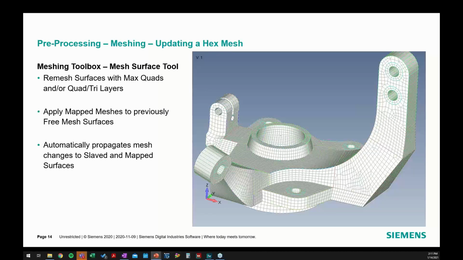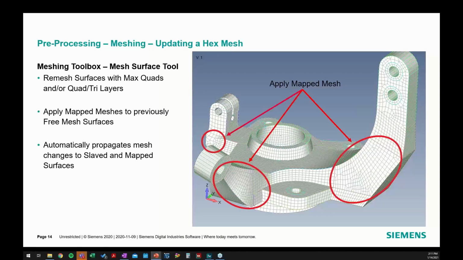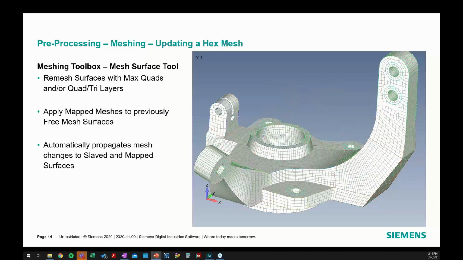And this is one of the features that I'm actually going to demo. And then you can also propagate mesh, of course, across those solid boundaries. And here's an example. If you want to change this to a mapped mesh, you can see it changes here, but then also crosses over the solid into the next solid with a uniform and matching mesh.